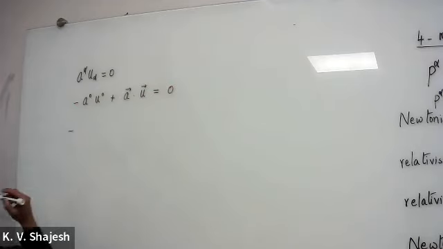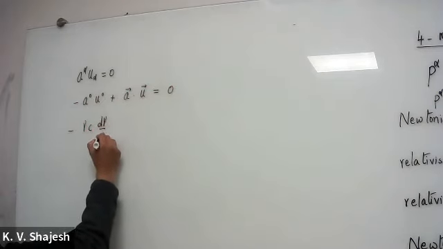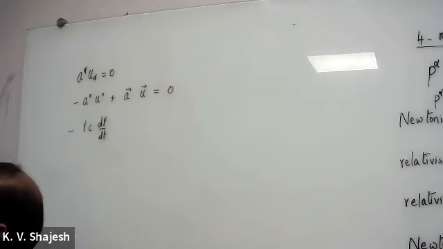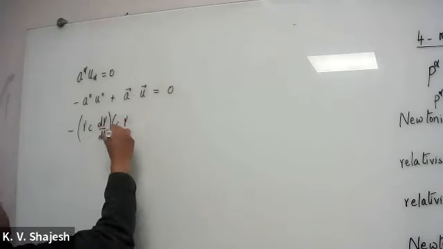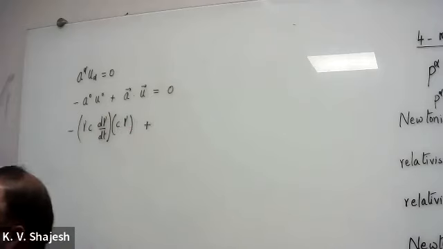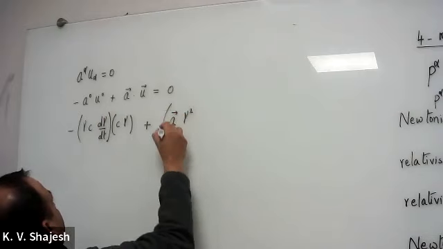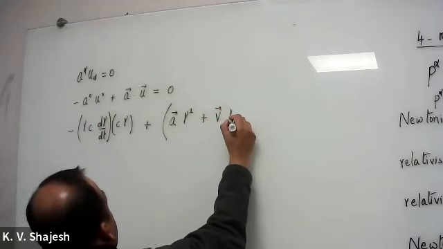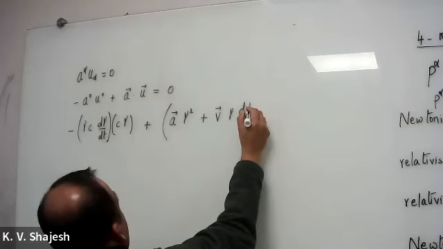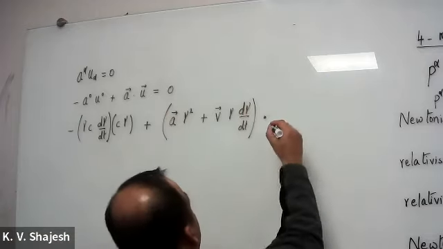So it is minus gamma C d gamma over dt times U0. U0 is C times gamma. So C times gamma, that's A0, that's U0, plus vector A, so it's A times gamma squared plus B times gamma times d gamma over dt dotted with U, which is V times gamma.